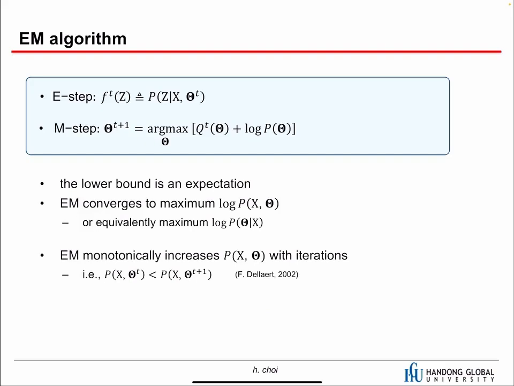So in sum, the EM algorithm has two steps, E step and M step. Again, the E step corresponds to assignment in the K-means algorithm. The M step corresponds to the update step in the K-means algorithm. And f of z is the conditional probability of z given x and theta, and this one can be updated by this.